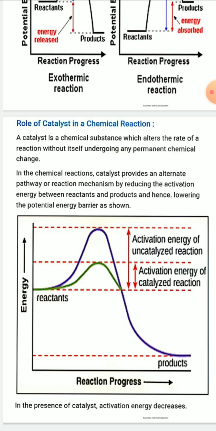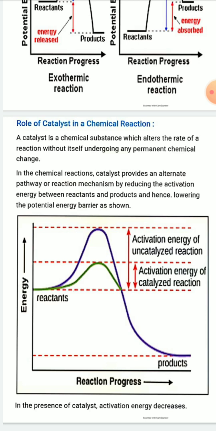In the chemical reaction, catalyst provides an alternate pathway or reaction mechanism by reducing the activation energy between the reactants and product, and hence lowering the potential energy barrier.